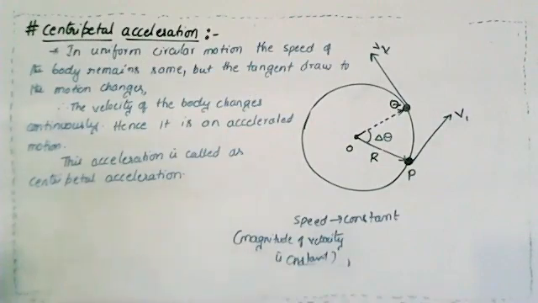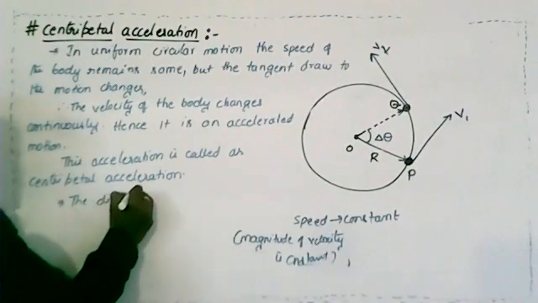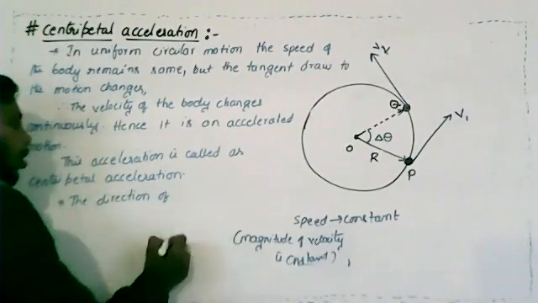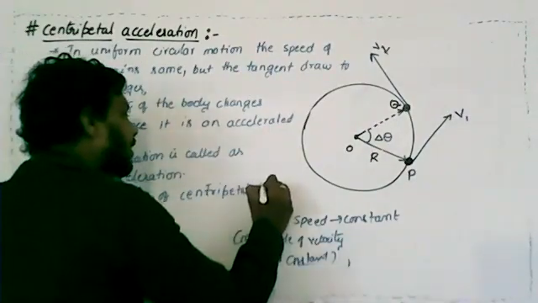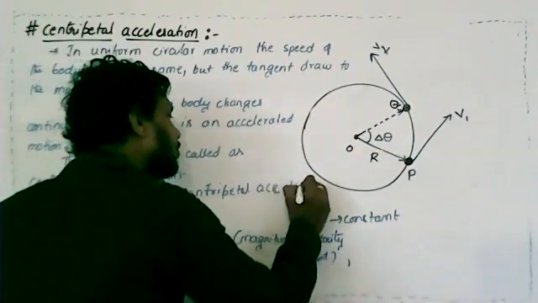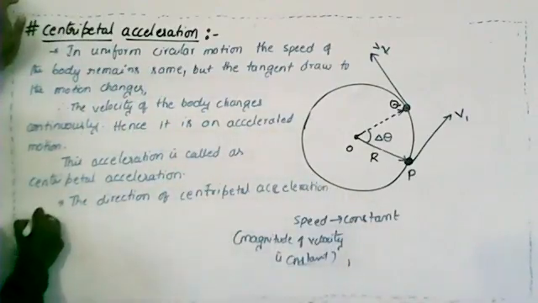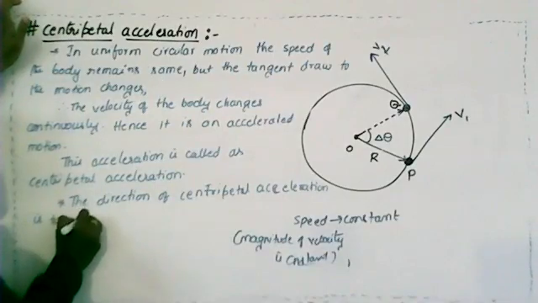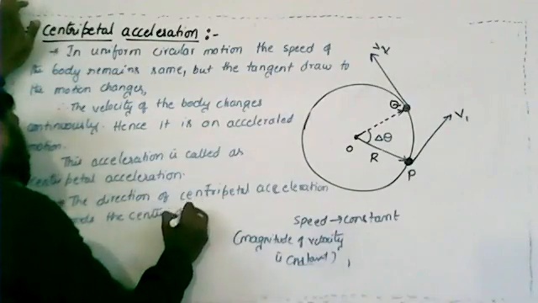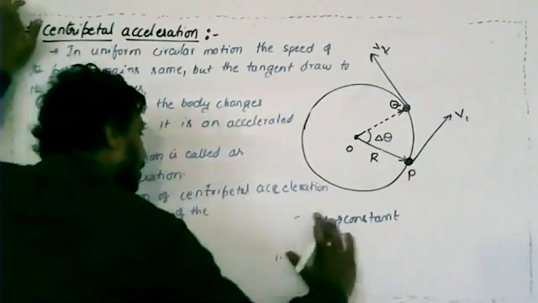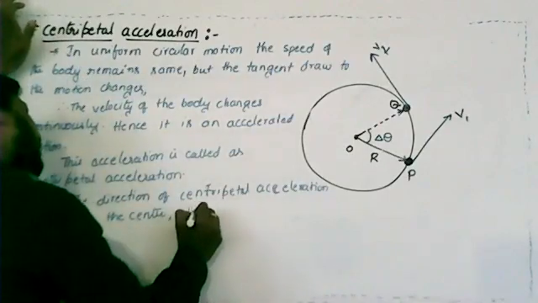Understood? So I am writing this point. The direction of centripetal acceleration is towards the center of the circular motion, or towards the center along the radius.